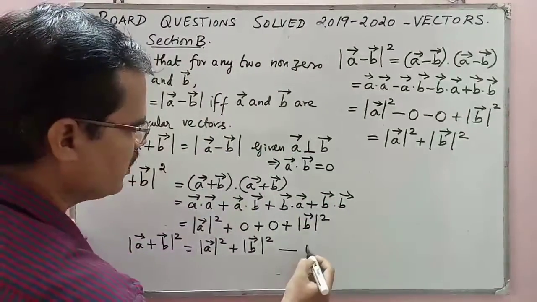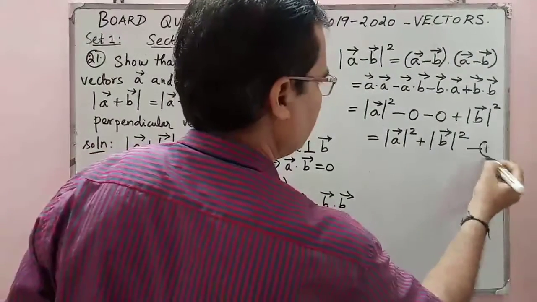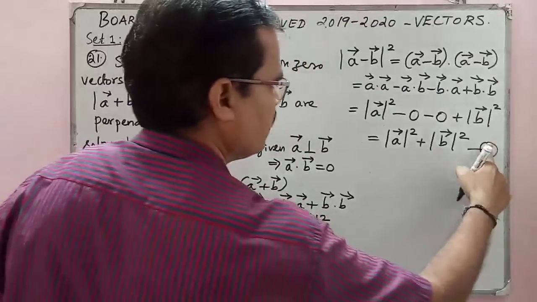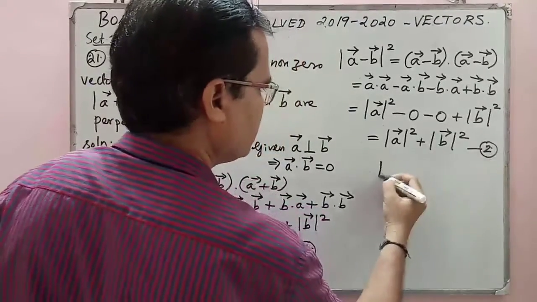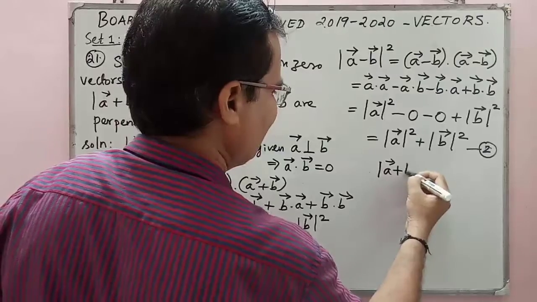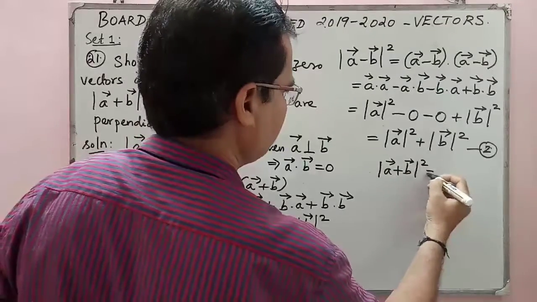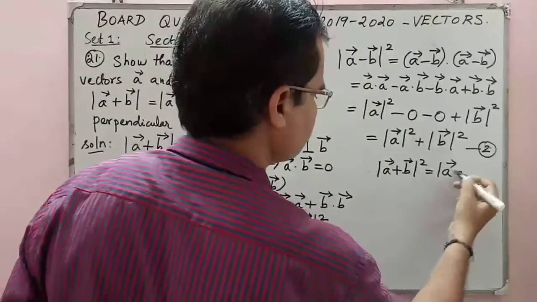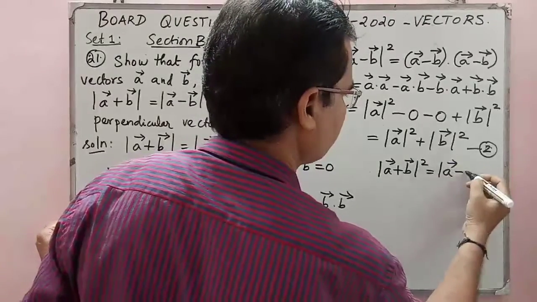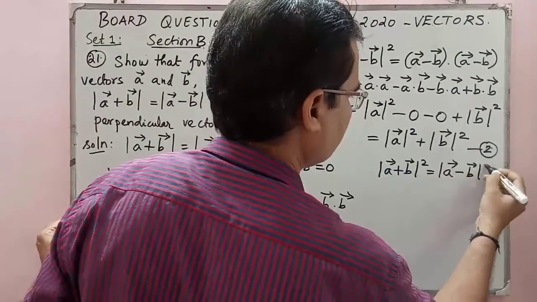Now we can mark these as 1 and 2. From 1 and 2, we can say that modulus of A vector plus B vector whole squared equals modulus of A vector minus B vector squared.